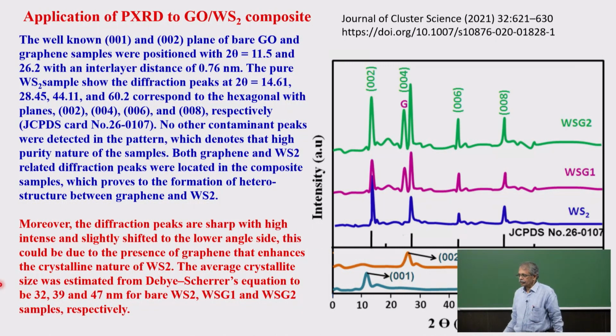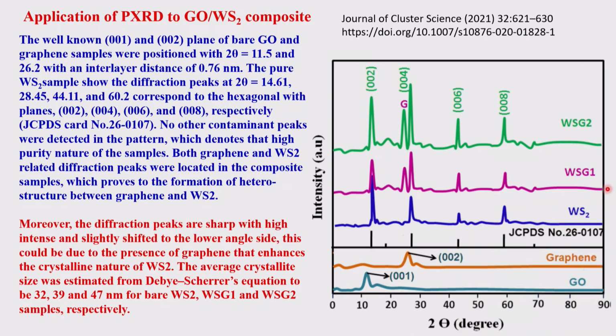So the average crystallite size was estimated from the Debye-Scherrer equation to be, if you take the simple WS2, 32 nanometer, and if you go for one of these combinations 39, another combination is 47, which is in line with the changes that you observe.